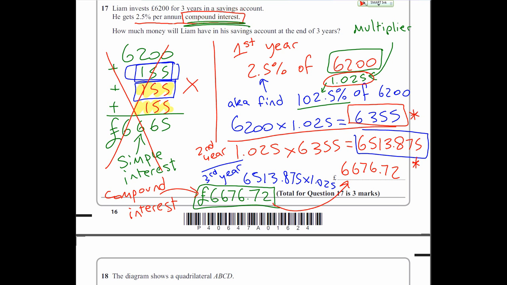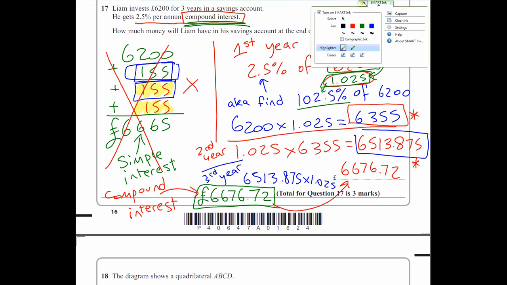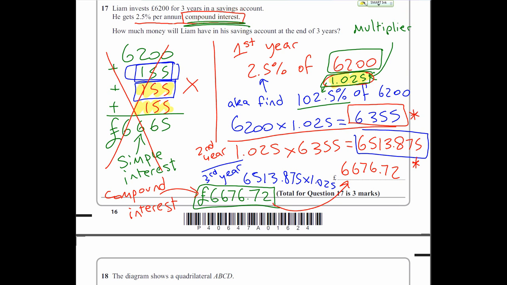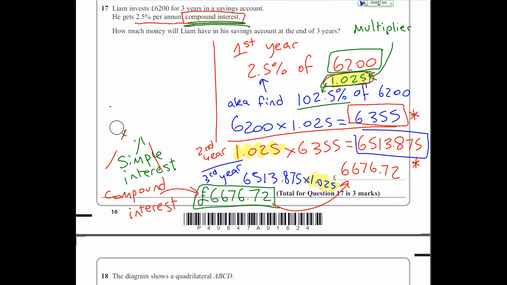Before I go off this question, let's look at a quick way we could have done it. Our multiplier is 1.025. How many times did we times by it? 1, 2, 3. If we times by a number 3 times, that is the same as doing that number cubed. And to be honest, if I was doing this question in my exam, I wouldn't write out all that stuff.